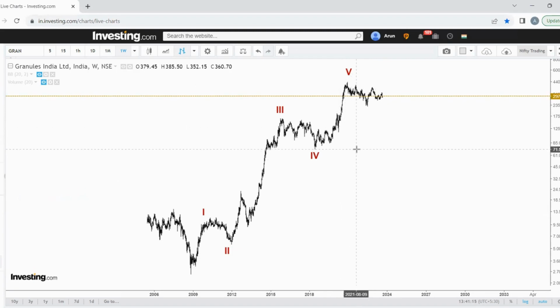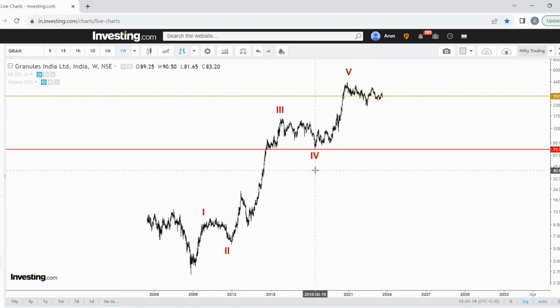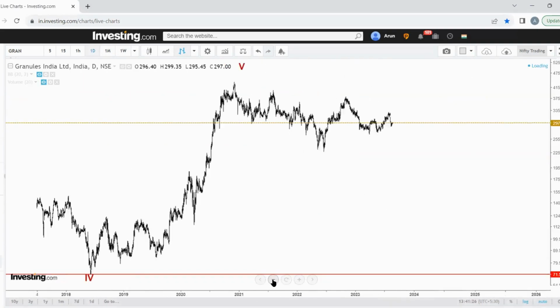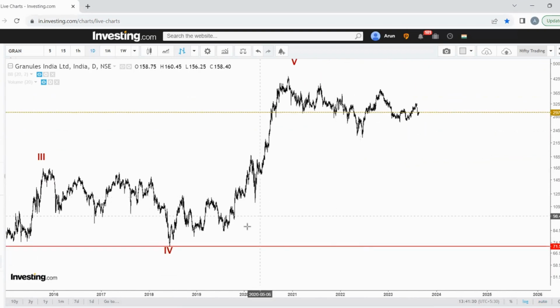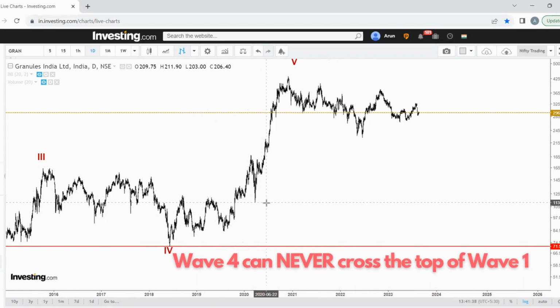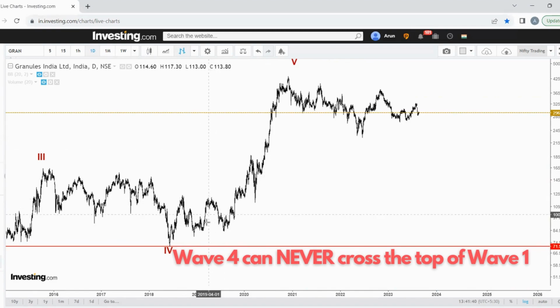Okay, let's analyze from this low. That is the 2018 low, the end of wave 4 low. I move to daily now. Okay, if it is wave 1, 2, 1, 2, 3, 4, that is not possible, since it touches this point.